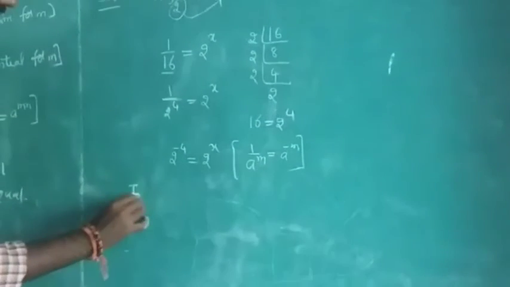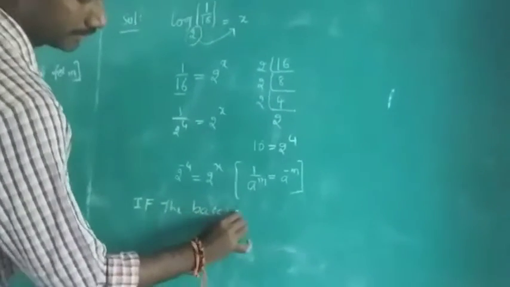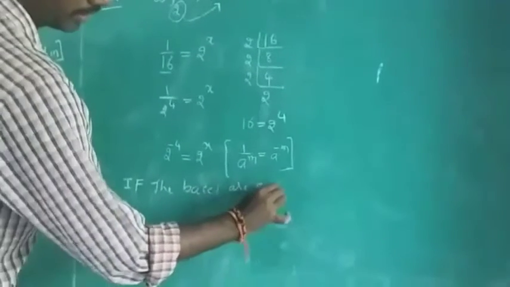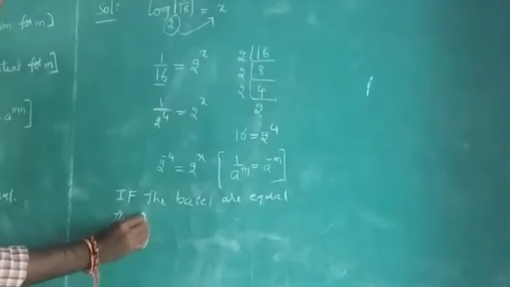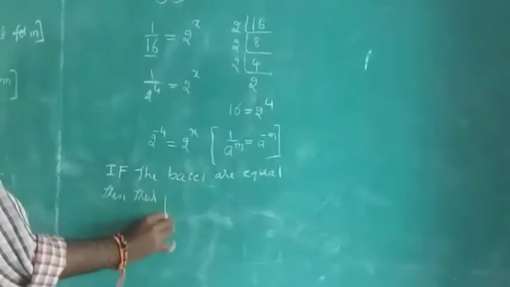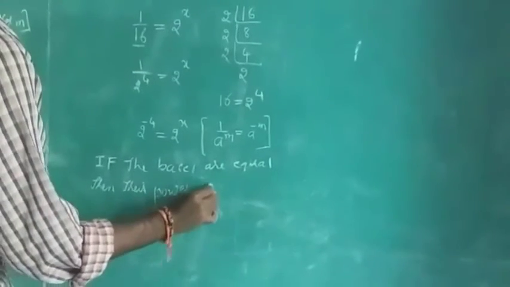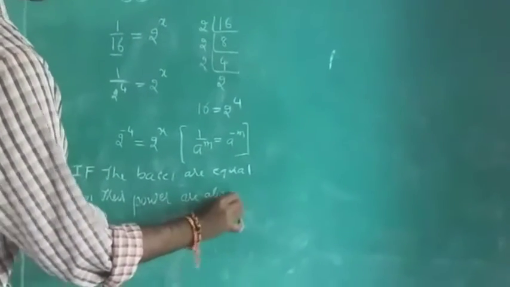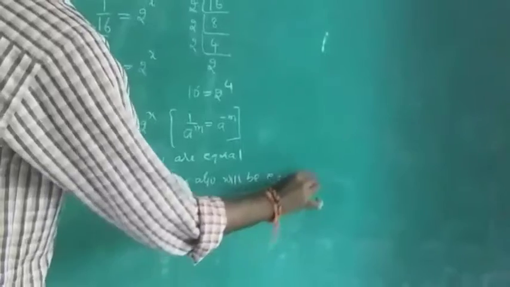From that, if the bases are equal, then their powers will also be equal, right?